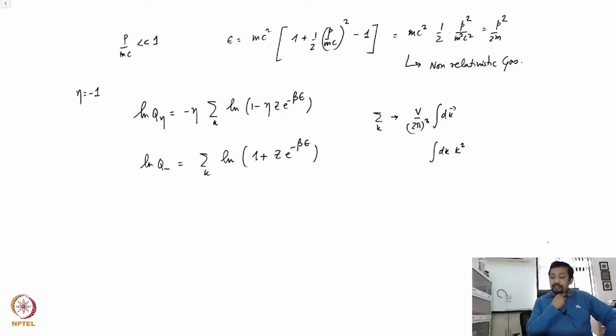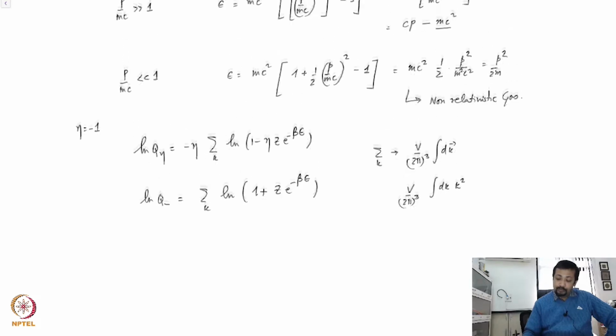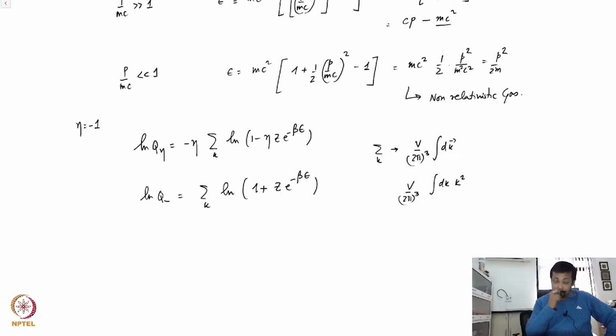Once you have this as 3D, I can rewrite this equation as V over (2 pi) whole cube. Now you see that here the momentum is in terms of p.